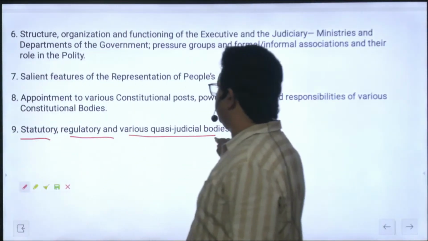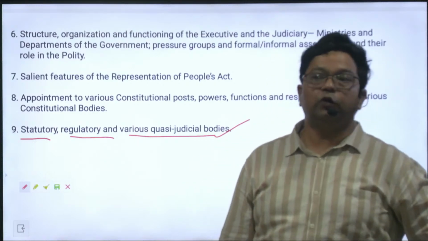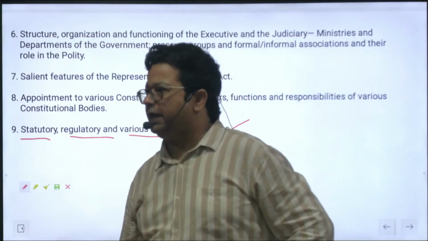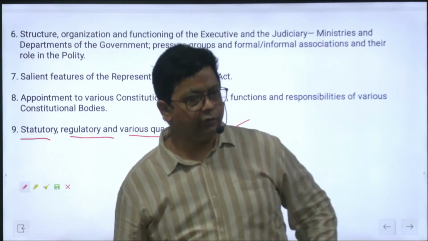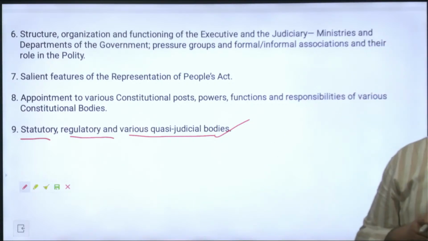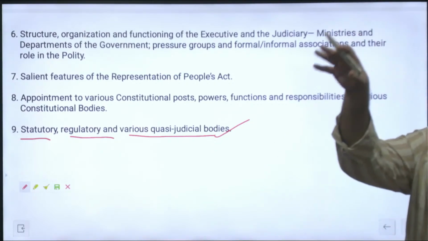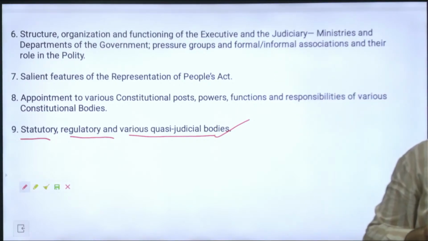Statutory, regulatory, and various quasi-judicial bodies. Regulatory is formed to regulate the functions of any body, like SEBI is a regulatory body. RBI is a regulatory body, yes or not? Regulating the act of a bank. SEBI is regulating the market, the stock market and all this. So they are the regulatory bodies.